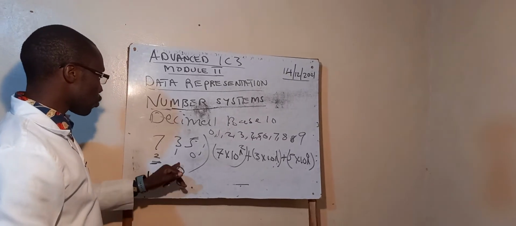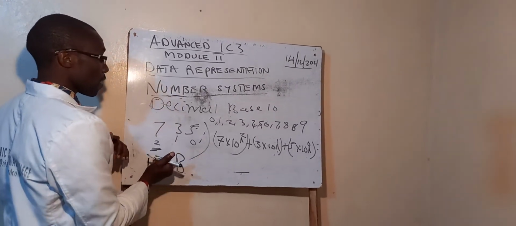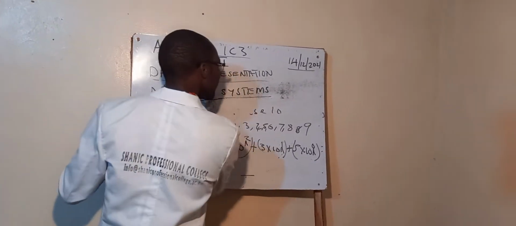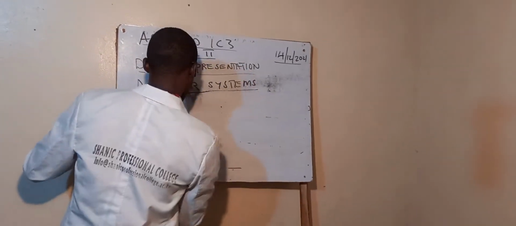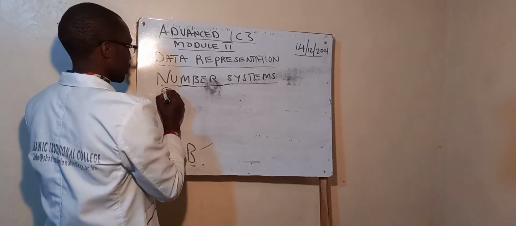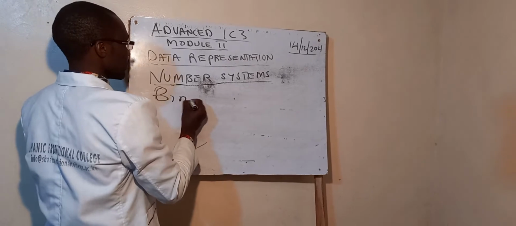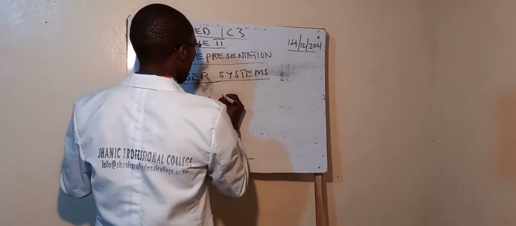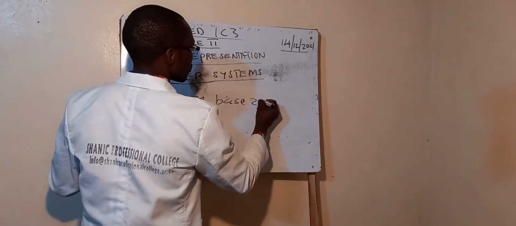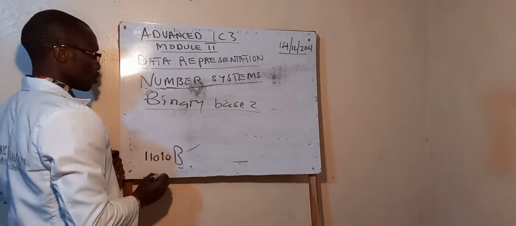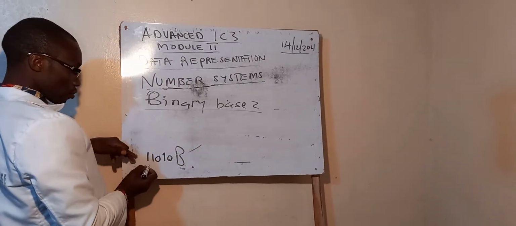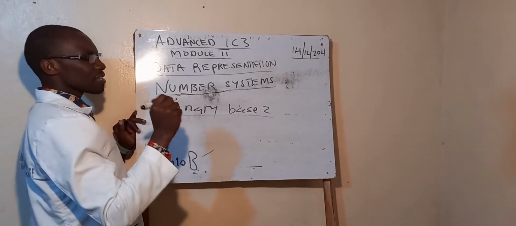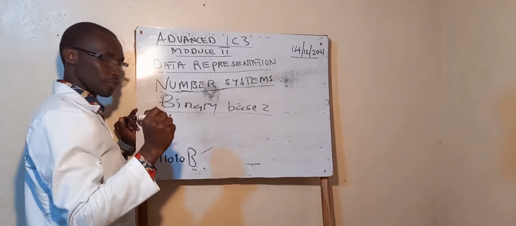Whenever we want to convert this, remember we are talking of the binary base 2 number system. So in this case, we are going to convert this using the same positional notations.